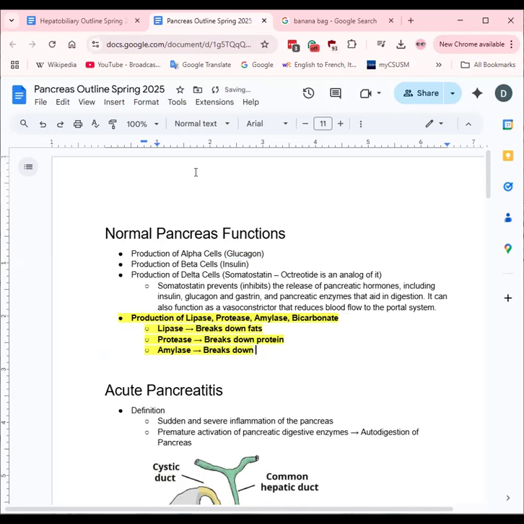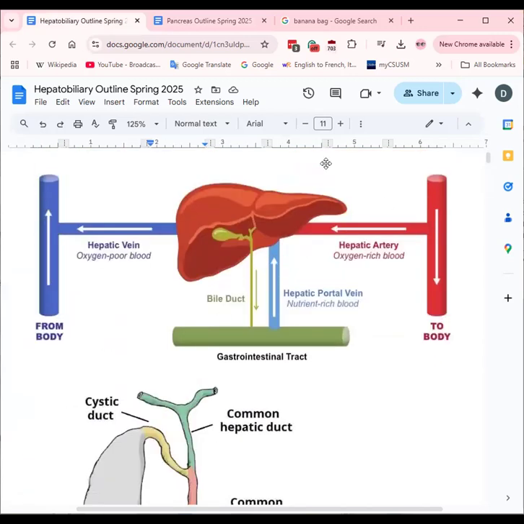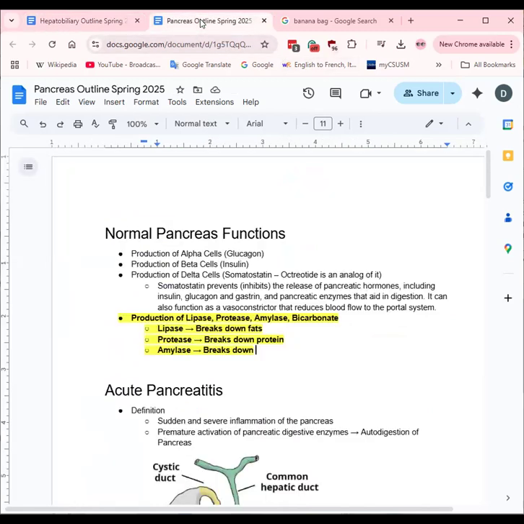So if you go back to this lecture, you see how it's all connected in this GI tract. If you're having a gallstone obstruction, or some liver impairment, it can have an effect on your nutrition and your pancreas potentially. We talked about how the liver can have glucose dysregulation.